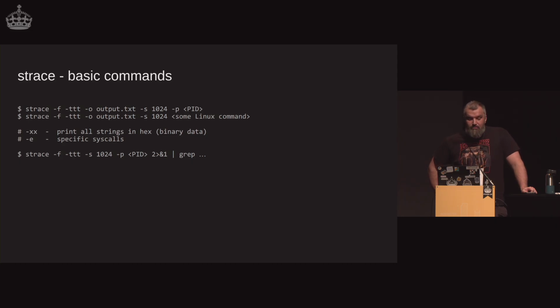Then I like to use -t, which prints a very detailed timestamp. And then most of the time I forward it to some output file for later analysis. And -f tells strace that if the process starts other processes or new threads, it should follow these newly created processes and threads.